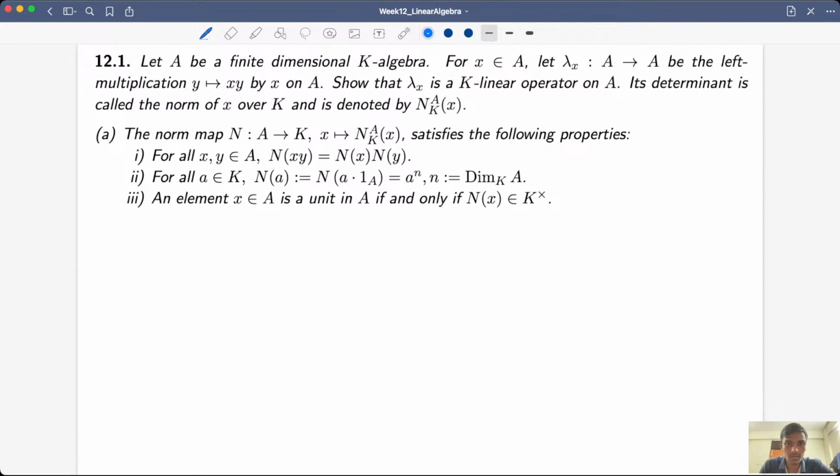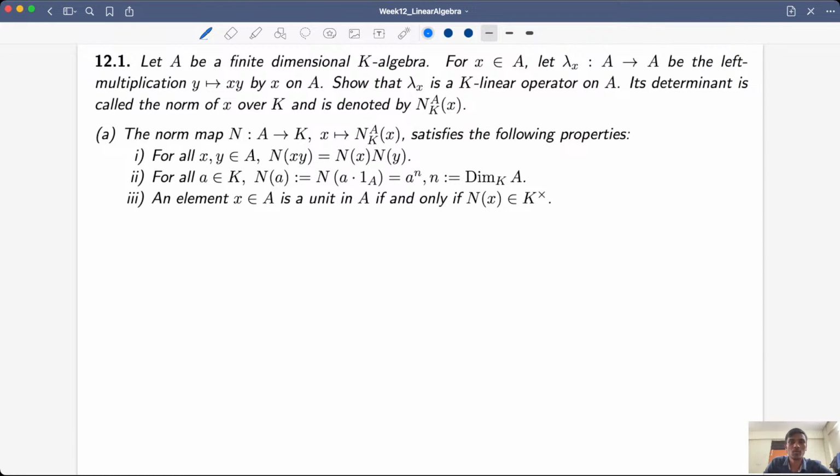Then I need to show that this lambda x is a K-linear operator on A, and as it is a K-linear operator, in particular if I think of A as a K vector space, it has a determinant, and that determinant in this case is called the norm of x. For a particular x belonging to A, if I calculate the determinant of this linear transformation lambda x, then that determinant is called the norm of x.